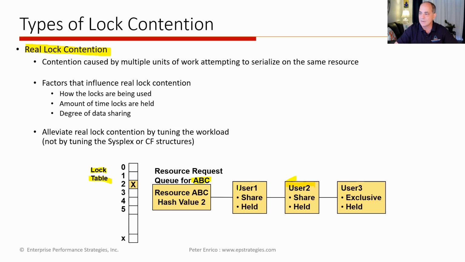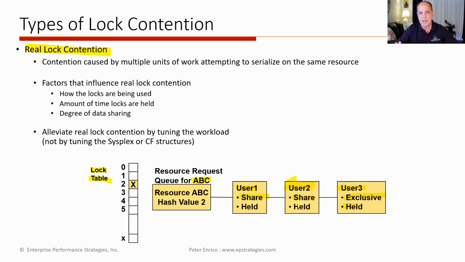Another part of the structure holds information about each of the users that are making a request or have interest in this resource ABC. In this diagram, I have a resource called ABC. User 3 is holding it exclusively, and users 1 and 2 want it in a shared state.